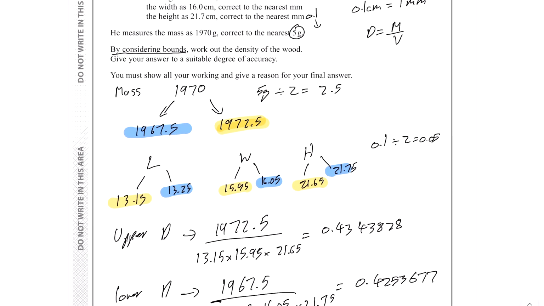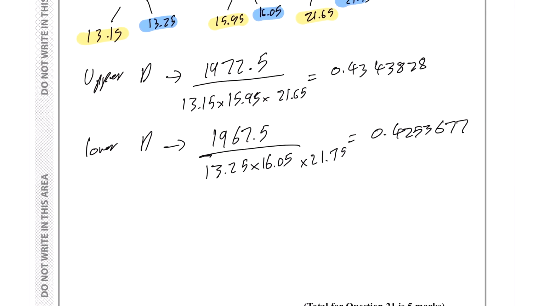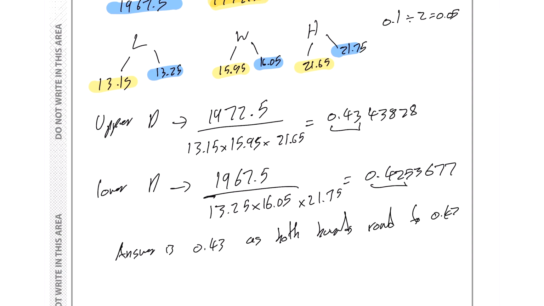Now it does say give your answer to a suitable degree of accuracy. You can see these two both round to 0.43 to 2 decimal places, so you can write that your answer is 0.43, as both bounds round to 0.43 to 2 decimal places.